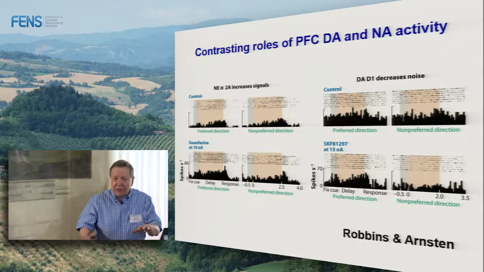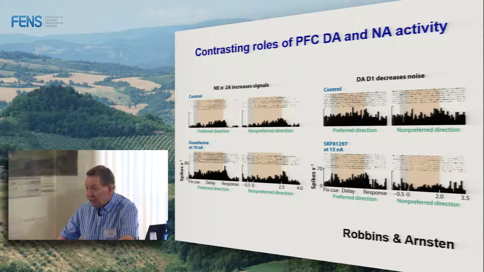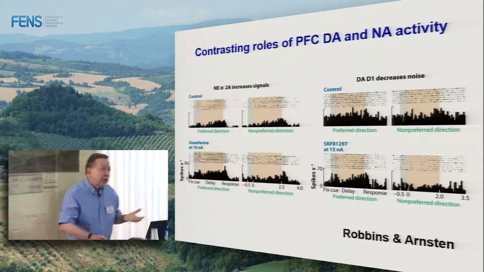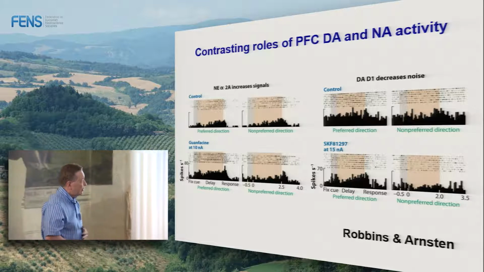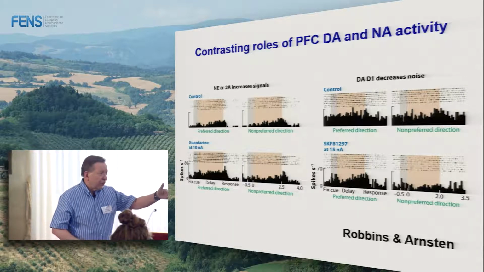So obviously you can achieve an improved signal-to-noise ratio either way, by reducing noise spontaneously or boosting the signal. And these transmitters may work in complementary ways, but it's not totally clear. I think there's evidence in the cholinergic system that it boosts the signal.